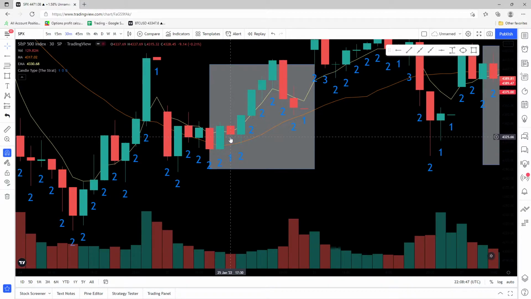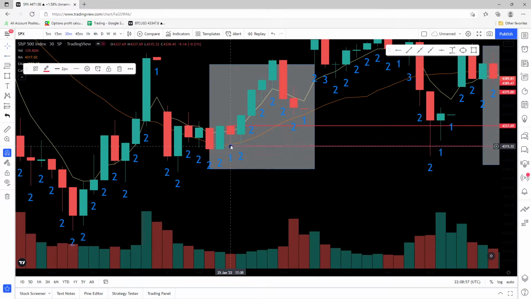When this one closes and this one opens as a 1, all we're waiting for is a cross up or down. When this crossed above, when we saw it just about to cross above, we would be ready to get our calls. We'd be ready to go long.